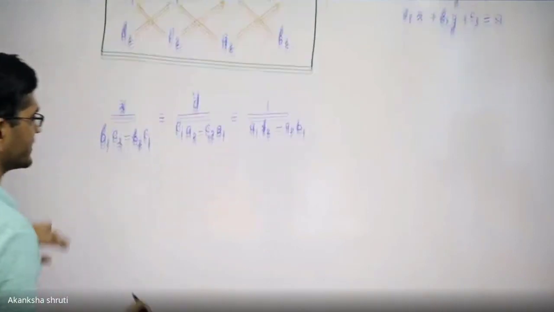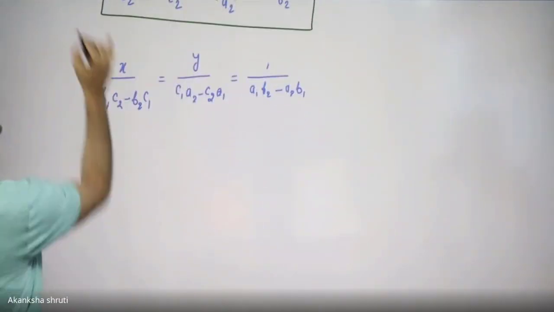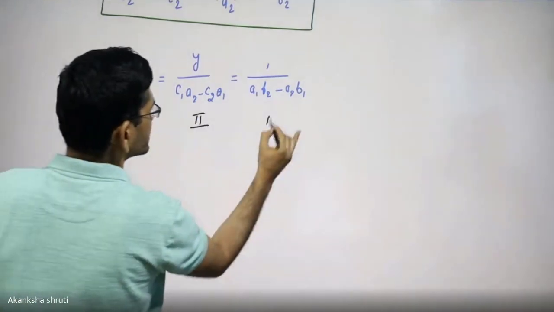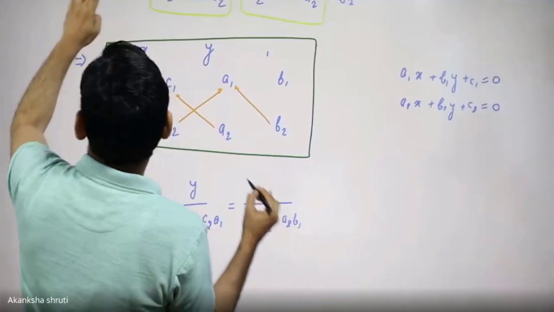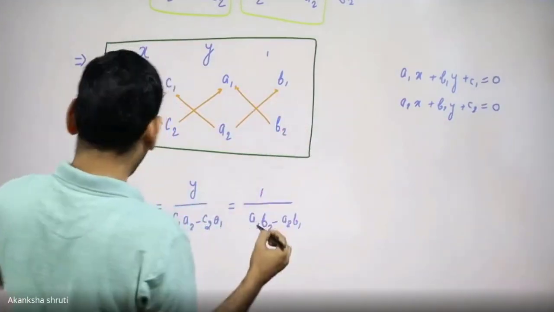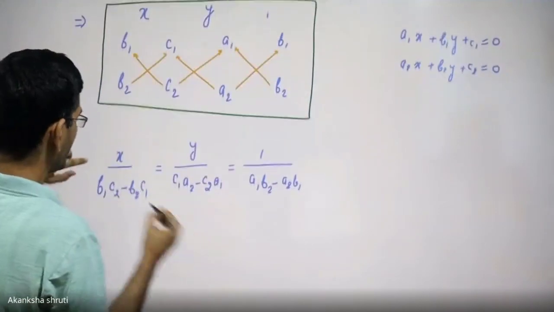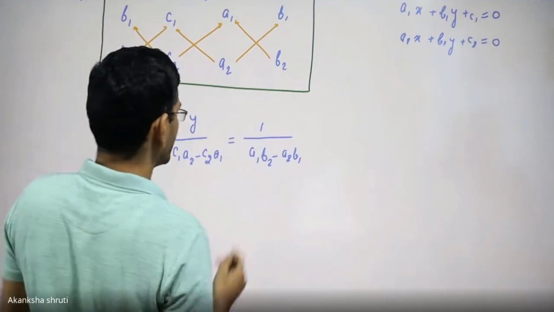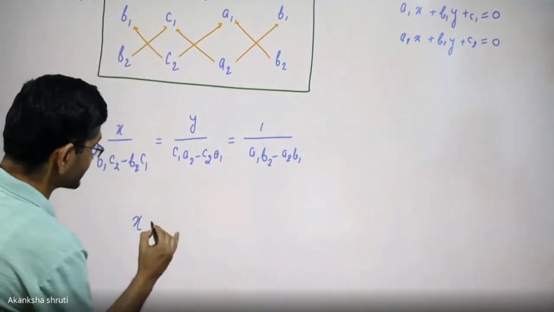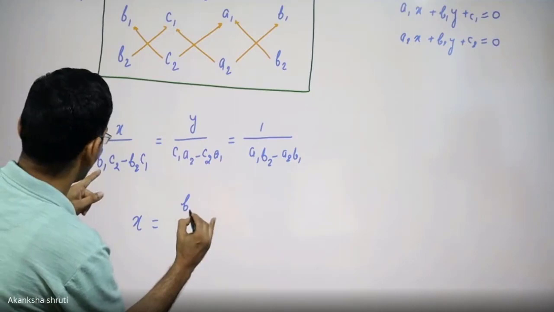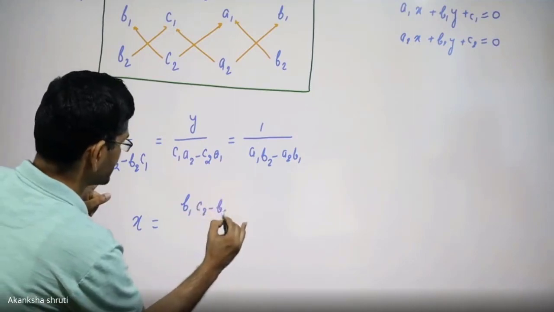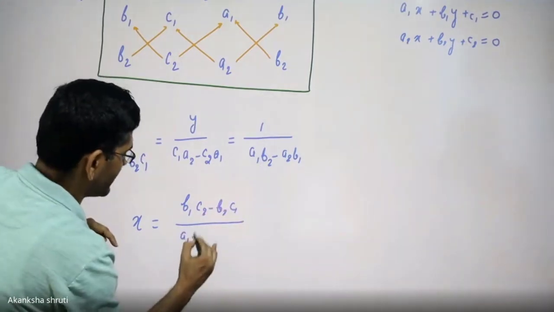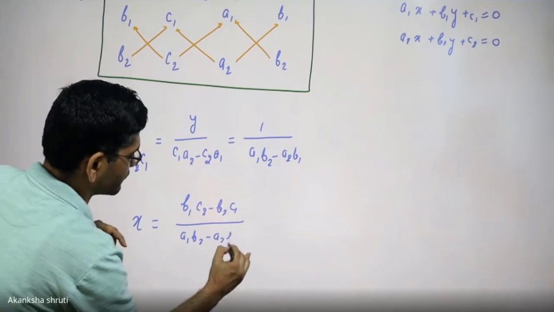So this way the x and y are determined. Means equating this: this is the first ratio, this is the second ratio, this is the third ratio. This way, the values of x and y can be determined by equating the first ratio with the third and the second ratio with the third ratio. Therefore, this x can be directly determined by writing b1 c2 minus b2 c1 by this third one, the denominator, which is our a1 b2 minus a2 b1.